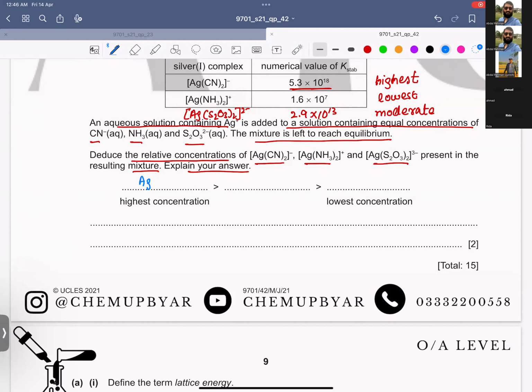So the complex having the highest concentration is silver with the cyanide, and the lowest concentration would be silver with the ammonia, and thiosulfate would have an intermediate concentration to these two.